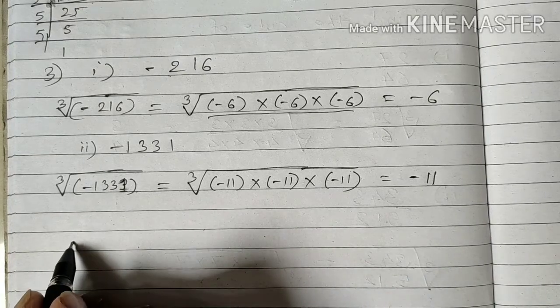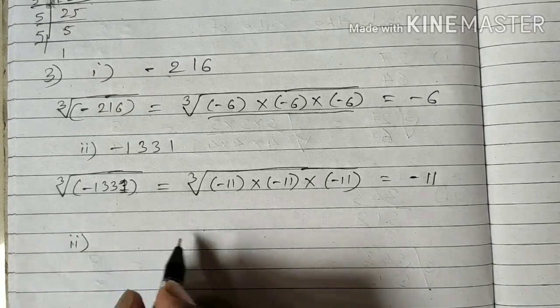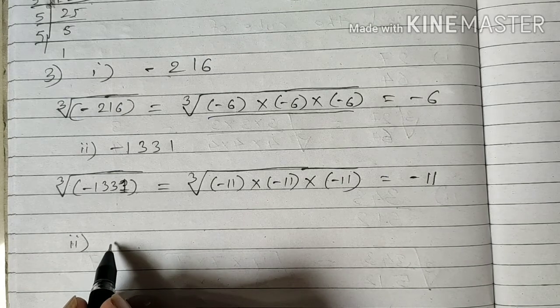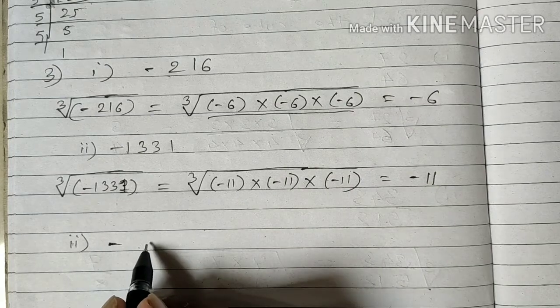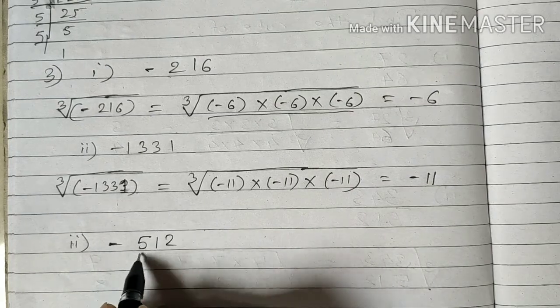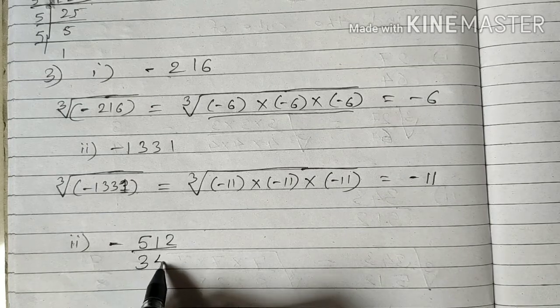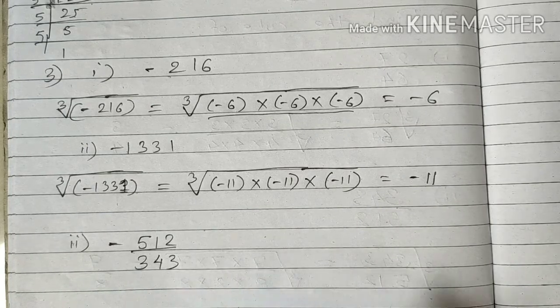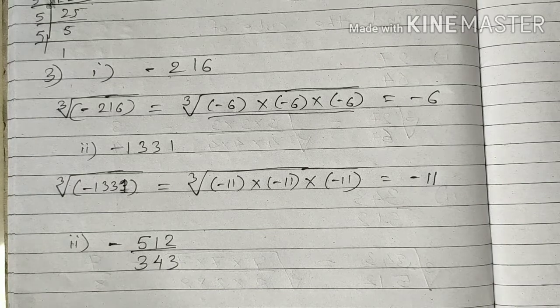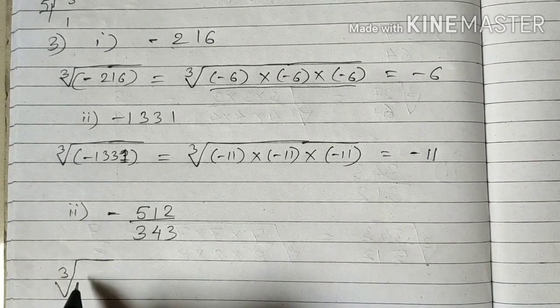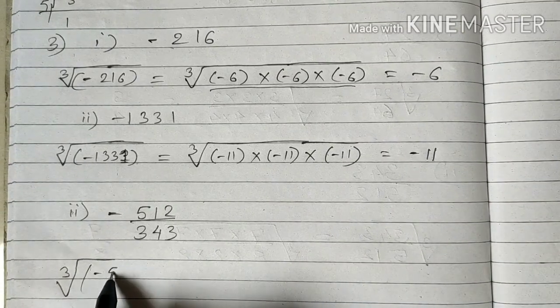Suppose a fraction number is there: minus 512 upon 343. Okay. So to find out the cube root of this number, write it inside the bracket.